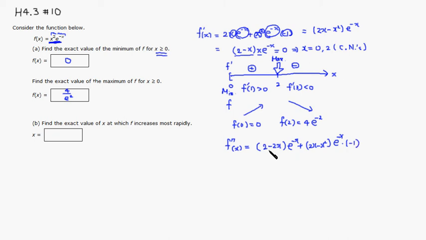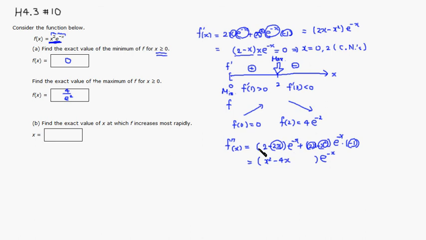If you clean that up, e to the negative x is in common, so I'll pull that out. You have a negative 1 and a negative x squared, so it's going to be positive x squared. Then negative 1 with the negative 2x, and there's another negative 2x, so it's minus 4x.